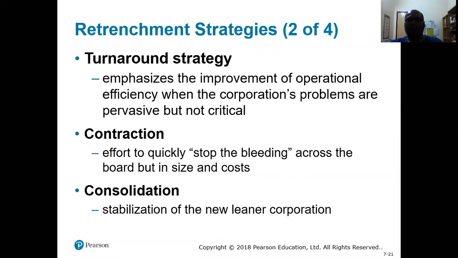How? Contraction means that we are doing downsizing. We are trying to scale down and minimize our size and our operation cost. What can we do under the contraction strategy?